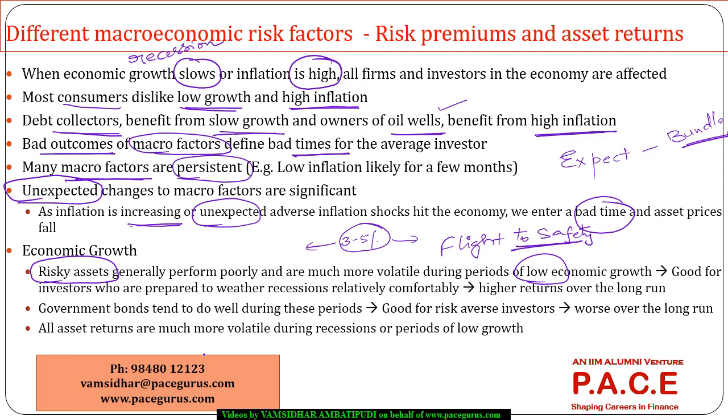So they try to buy all those treasury bills and other riskless securities and try to short or sell off those securities which are very risky. So the prices of all the risky securities are going to drop drastically during the recessionary period. During that time, the volatility also will be much higher for those risky securities. Less risky ones are going to do better during that period compared to highly risky securities.